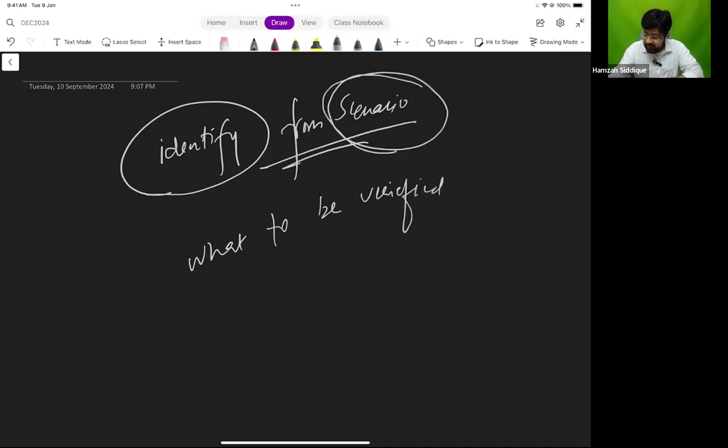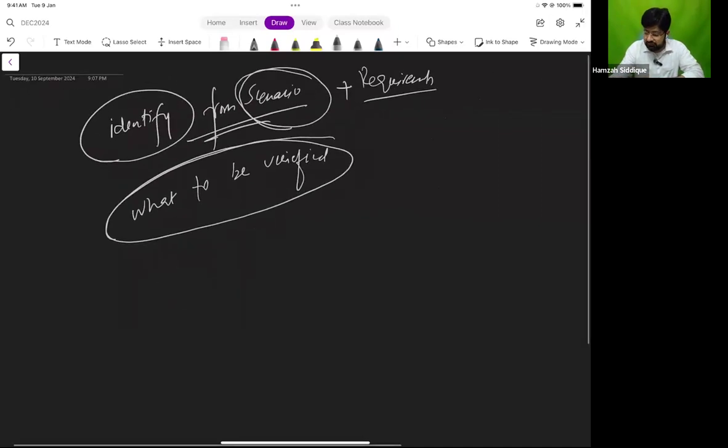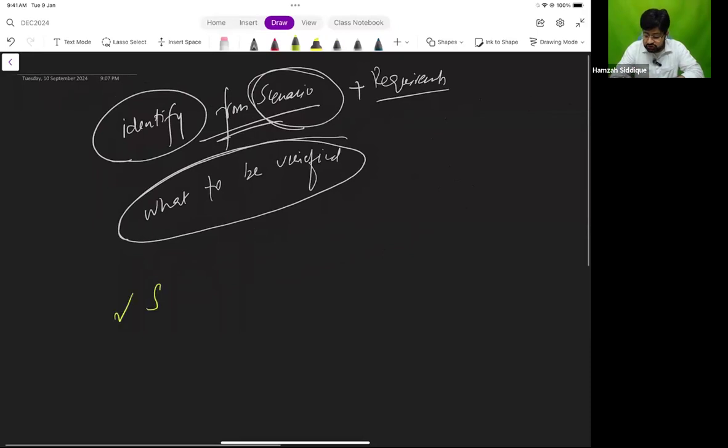Scenario plus requirement gives you the hint. And then you will identify sources that, okay, these things need to be verified.